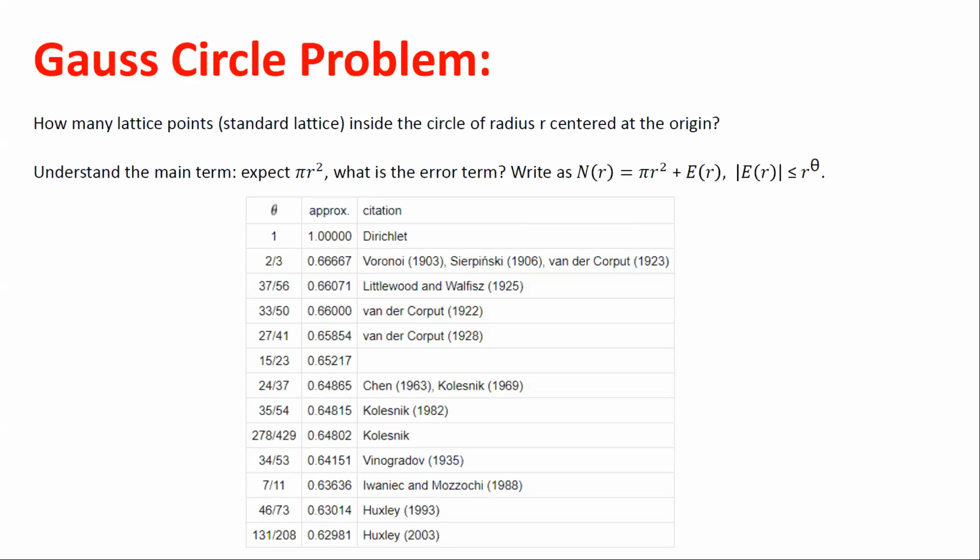Then we get a pretty good increase with 278/429. And so it becomes an interesting question: when do you have a truly new method that really gives you something phenomenal? This is one of the greatest increases here, in the 4th decimal place.